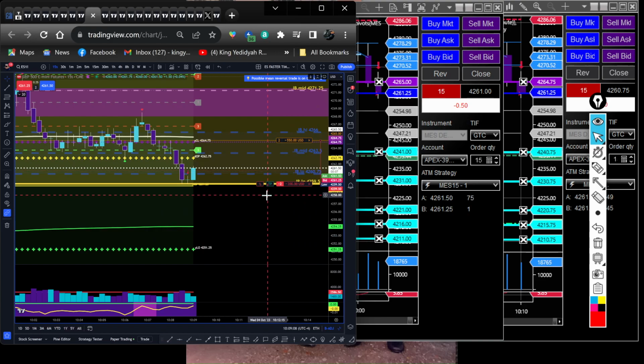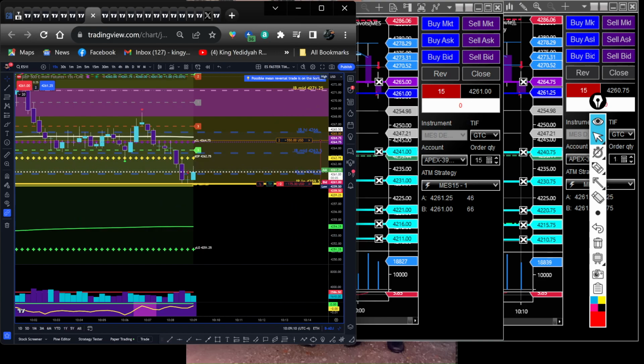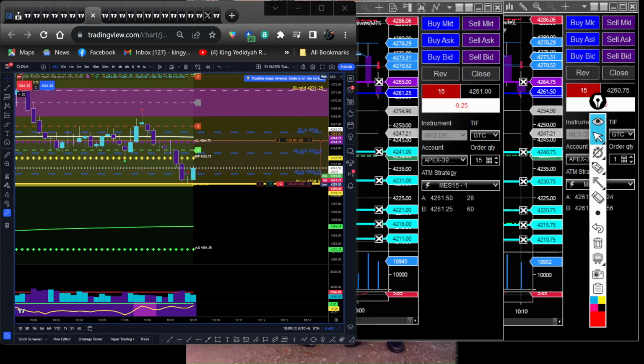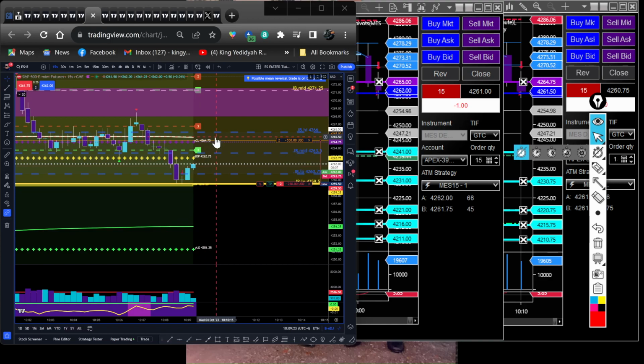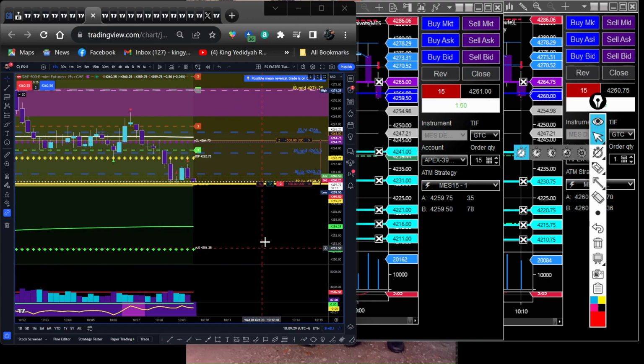All right, it's already pulling back. And 42.65 is actually VWAP on Bookmap. So let's see here. Yeah, 42.65.50, that's VWAP here on TradingView.